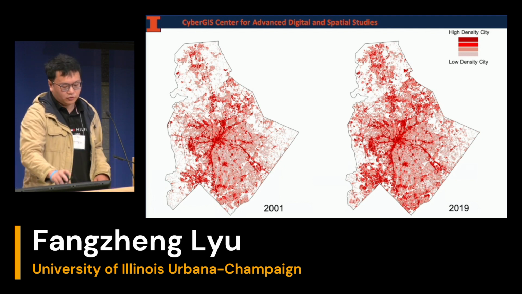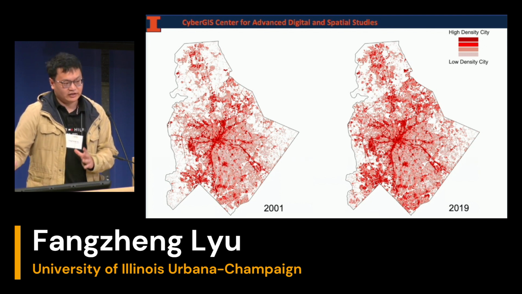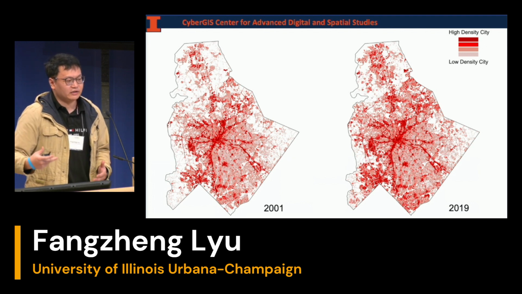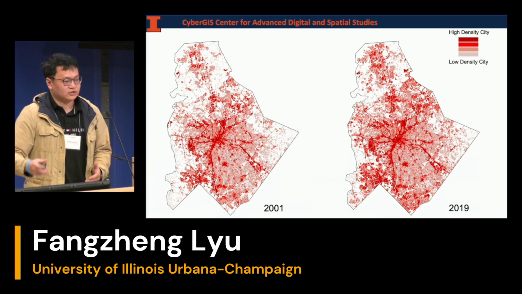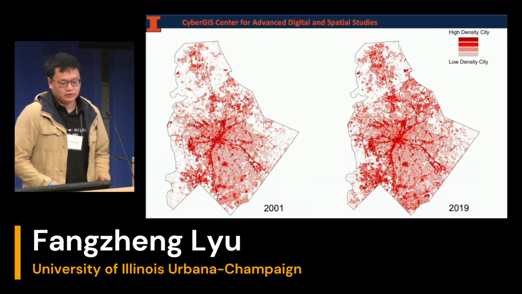However, if you focus on the downtown area, the pattern is basically the same. It doesn't change that much. So we went back to check if there are a lot of changes happening in the downtown, and we still found a lot of urban retrofitting projects, especially in the downtown area, trying to promote the sustainability goals for the city of Charlotte.